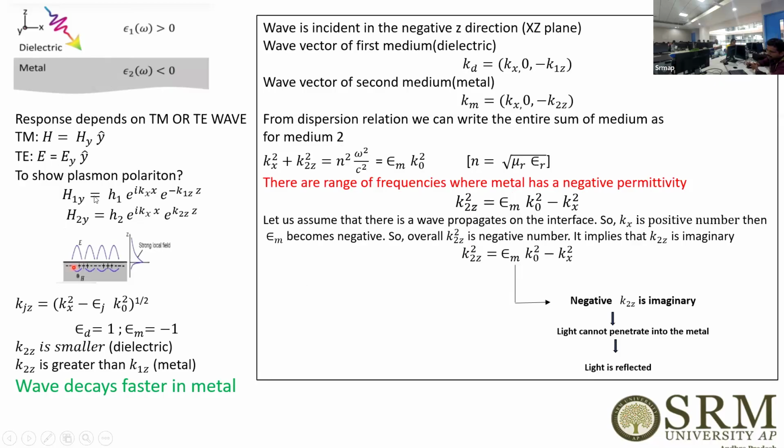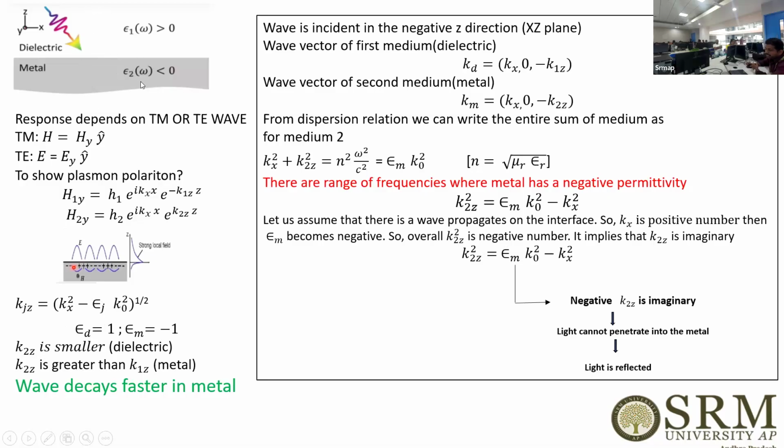So from this, H1y into H2y, I have changed the notation and maintained it like this. Here epsilon d equals 1 and epsilon m equals -1. If I substitute here, I get k2z smaller for the dielectric and greater for the metal.